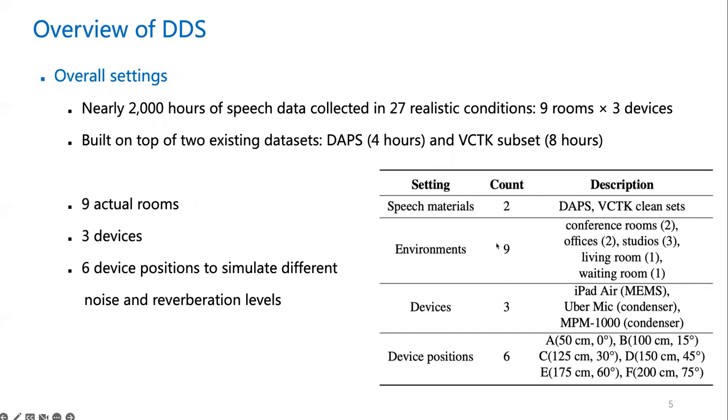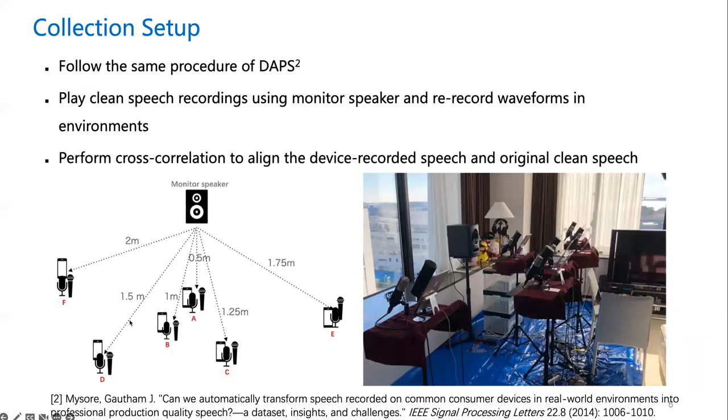As this table shows, the 9 acoustic environments include the conference room, 2 conference rooms, 2 offices, 3 studios, 1 living room, and 1 waiting room. And we use 3 different microphone devices: iPad, Uber mic and NPM. In addition, there are 6 different device positions in one recording condition to simulate different noise and reverberation levels.